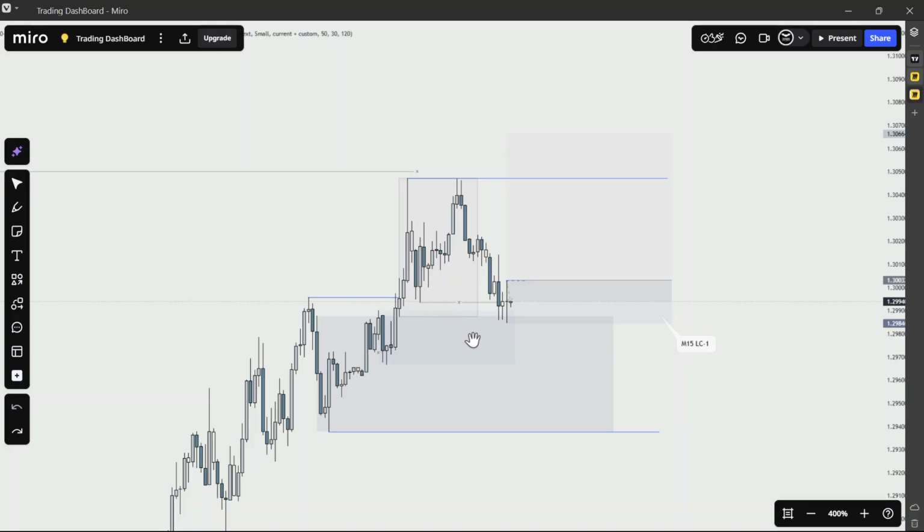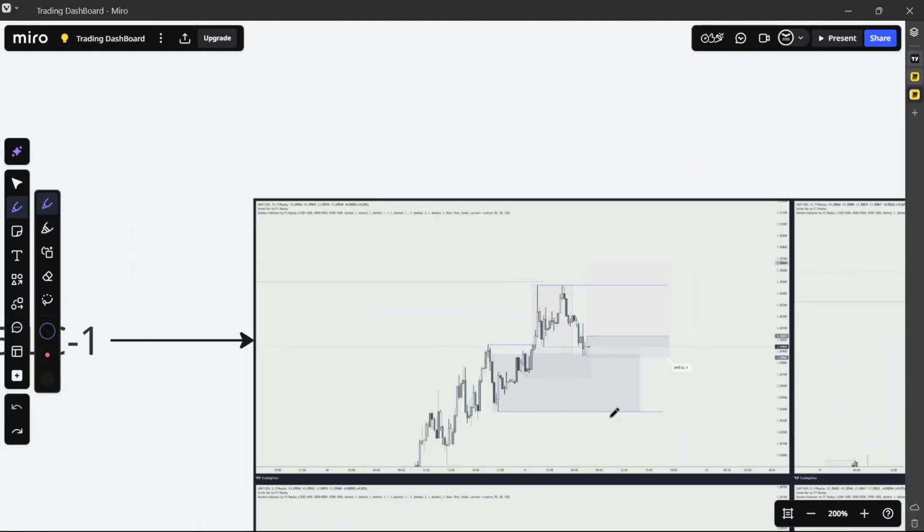I do not have to explain, right? If you see carefully, this is not the M15 LC1 liquidation. Instead of that, this is LC1, M5 LC1. Go to your chart, check it out yourself, and you will understand me.